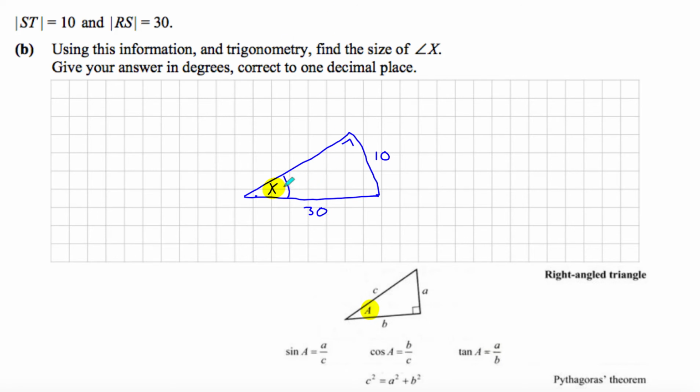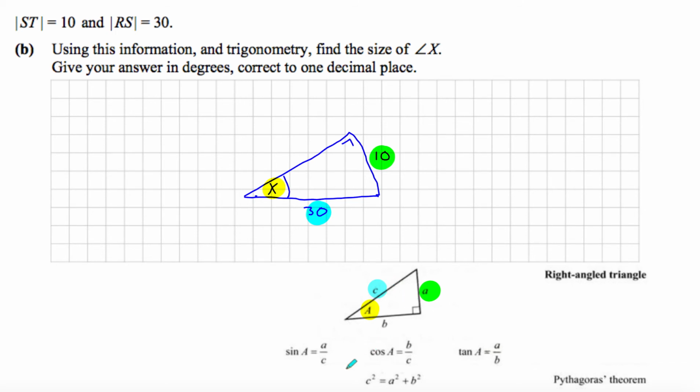And on our diagram, we have the side opposite X straight across. So the side 10 matches the small a on the diagram in your tables book. Then we have the side 30, which is the side that's opposite the 90 degree angle. That's the hypotenuse, and in our diagram from the tables book, small c is the hypotenuse.